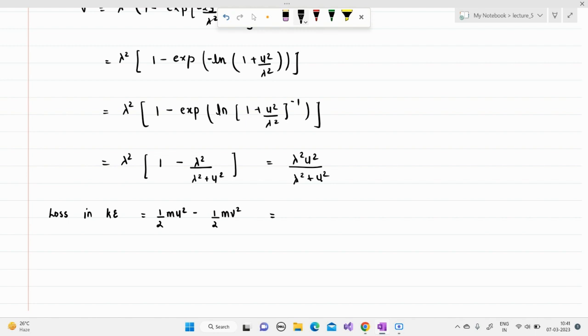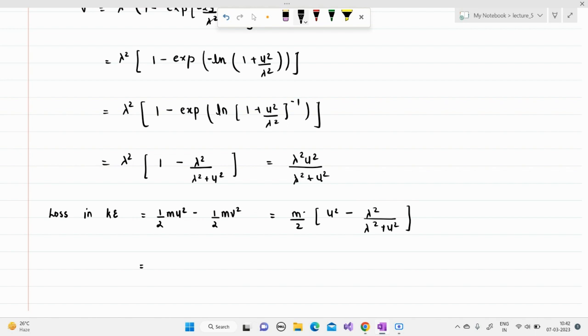If I write this value of V in this, I'll get m by 2 u square minus lambda square upon lambda square plus u square.